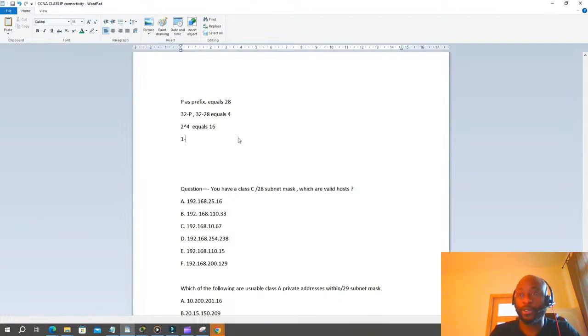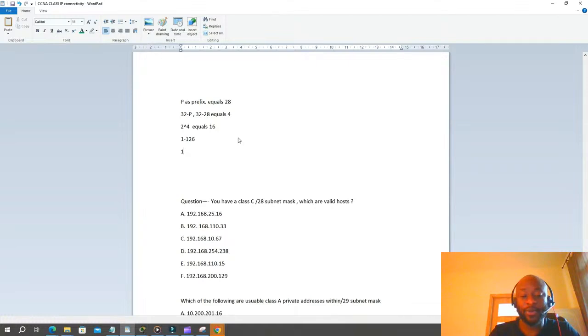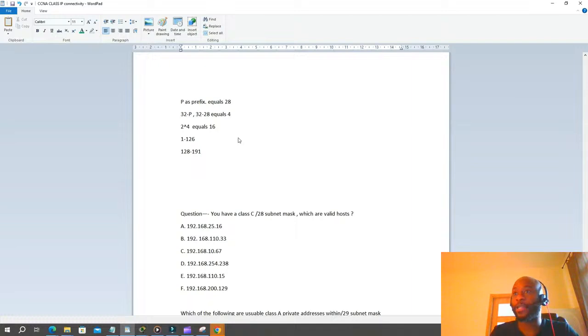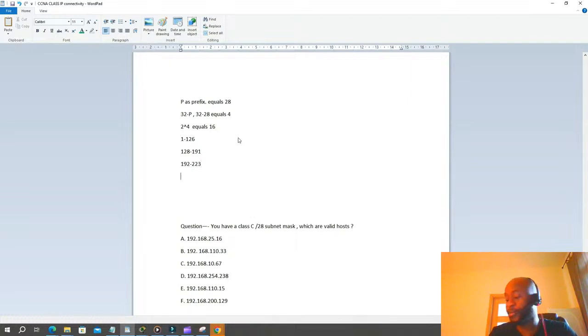Class B, 128 to 191. 127 is reserved for loopback address. Class C is 192 till 223, and 224 until 239 are the remaining classes. So this actually falls into class C, yeah?